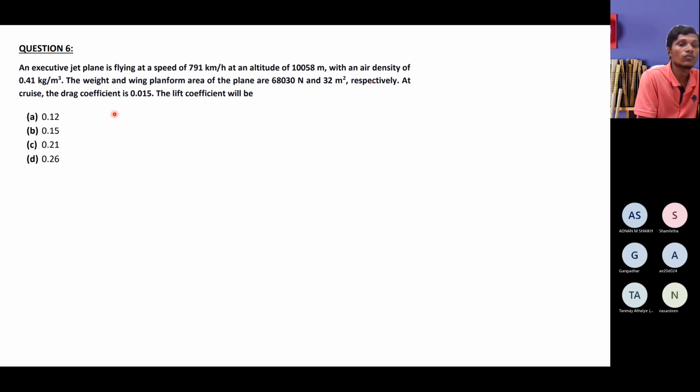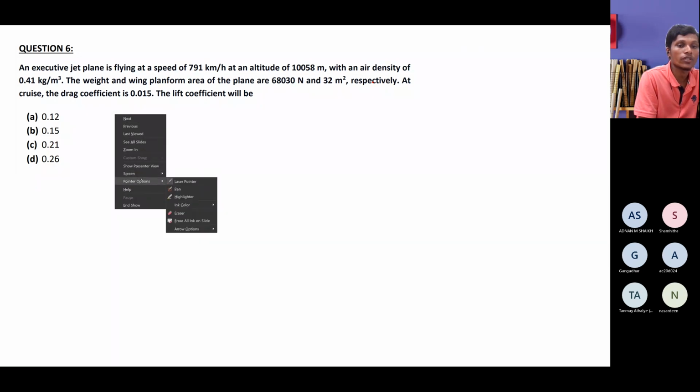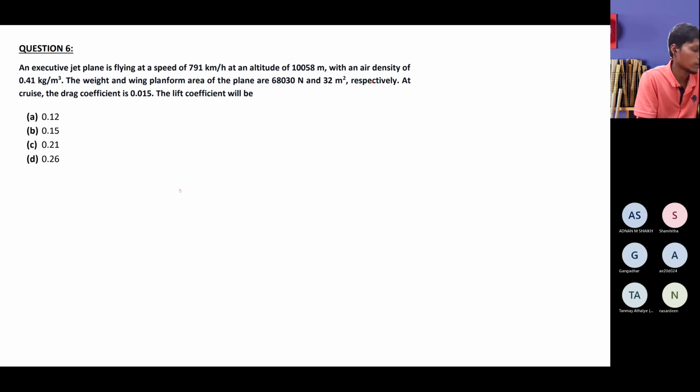They gave the drag coefficient for us and are asking for the lift coefficient with the given data. So what is our lift coefficient? Lift coefficient CL equals L by half rho V infinity square S. What are the values we have?